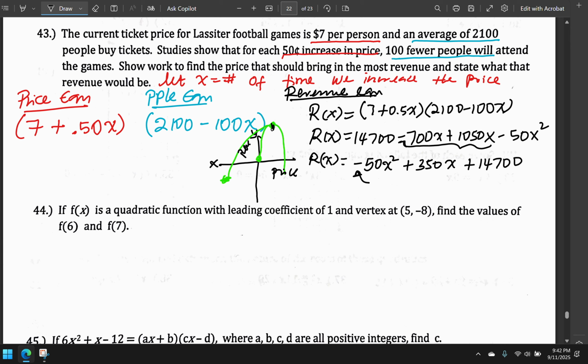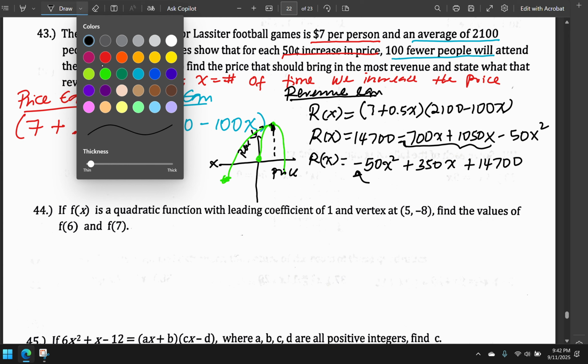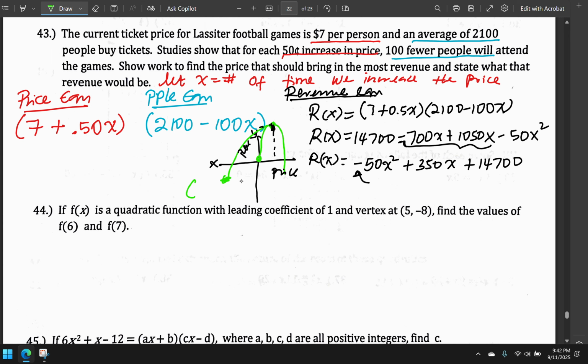So if you have the vertex, you know it's the highest point, which means that's the maximum money you can make. To be precise, the y value gives us the maximum amount of money you're going to make. This is the maximum revenue. And then the x value tells you, remember we defined x as the number of times we're going to increase the price. So x tells us how many times we need to increase the price to make the most money.